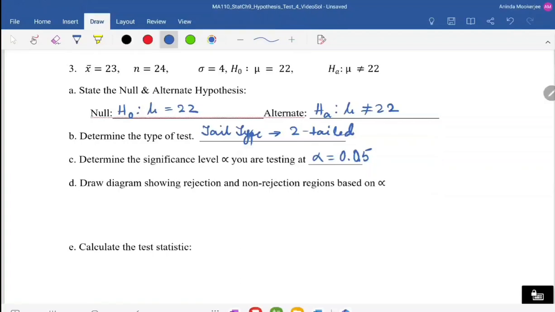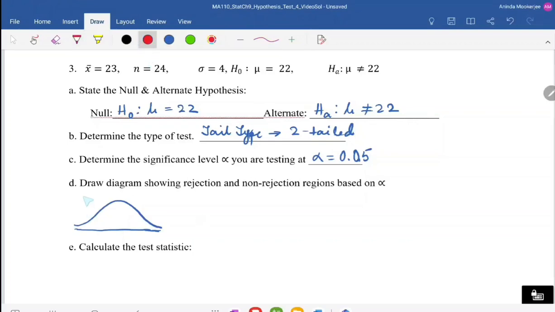Okay. Draw a diagram. Now, this diagram is going to have a reject region on both ends of the curve because it's a two-tail test. Let me try to draw a better, little more symmetrical curve. Okay. So because it's a two-tail test, it has reject regions on both ends of the curve.